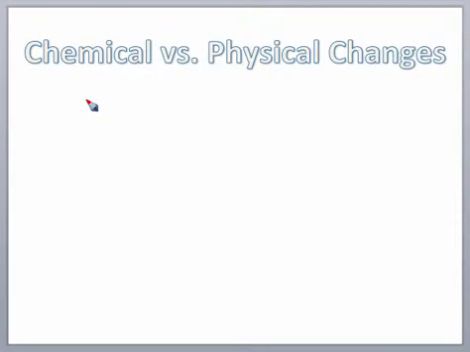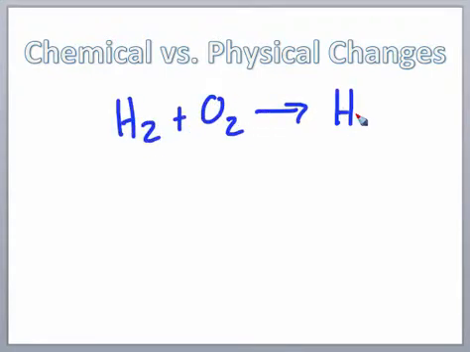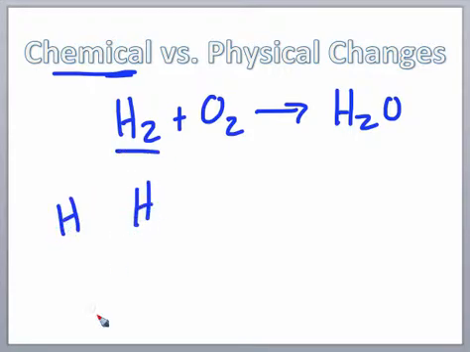Okay, so what a chemical equation is going to do, and here let me write the one we were using. So what a chemical equation is going to do is explain what is happening on a chemical level. When we say that, what we mean is this hydrogen is going to break apart into two hydrogen atoms. This oxygen is going to break apart into two oxygen atoms.